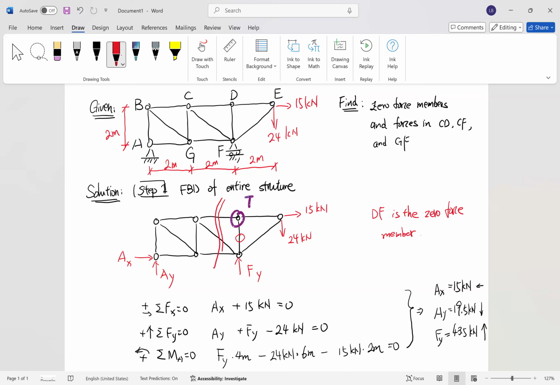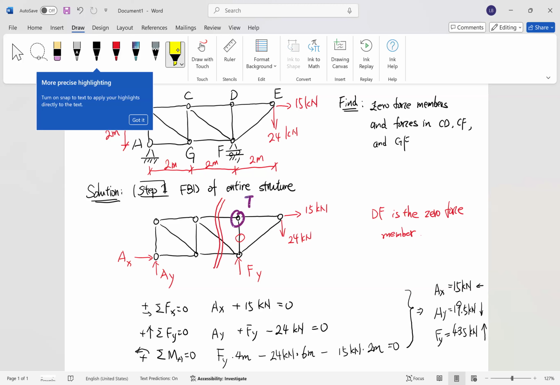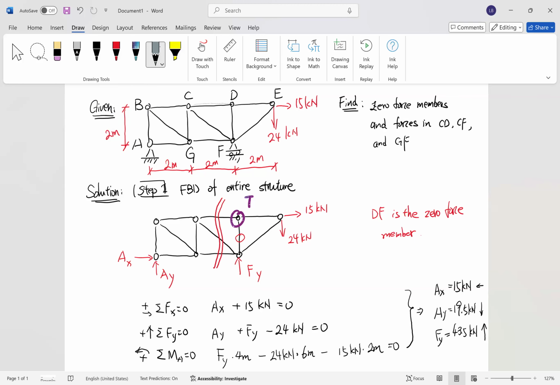Actually, it cuts through the members of our interest. And if you look at the example, we have member CD, member CF, and member GF, and in the free body diagram, they are here. It is the reason why we created a section that cuts through the structure here.